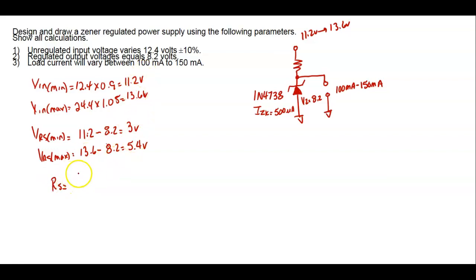So what voltage am I going to use? Okay, so what's that? 3 divided by what? 150 milliamps plus 500 microamps. Good. So what does this give us?